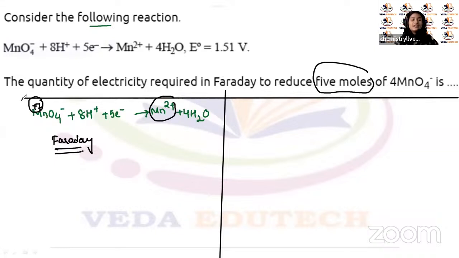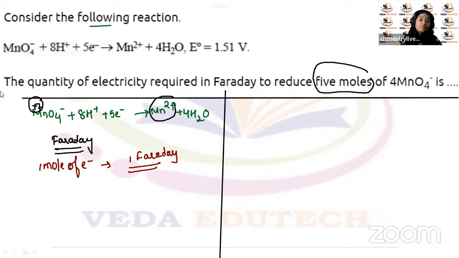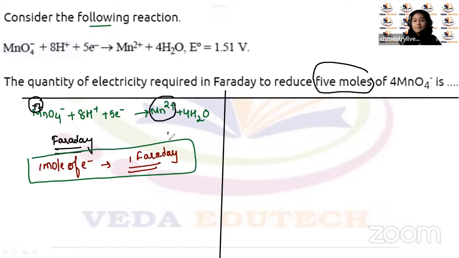The concept here is that 1 mole of electrons is equal to 1 Faraday. Not 1 mole of substance, 1 mole of electrons is equal to 1 Faraday. This is the concept here.